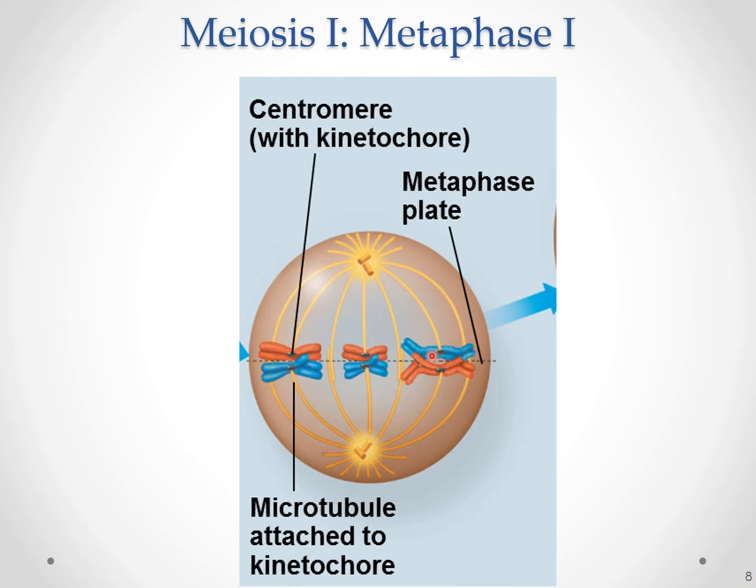So that is a lot more potential variation here. So you can have different combinations. And why it contributes to variation is because they're each going to be separated into their own cells, creating genetically different cells, even more so than just the crossing over. Okay, this is called independent assortment.